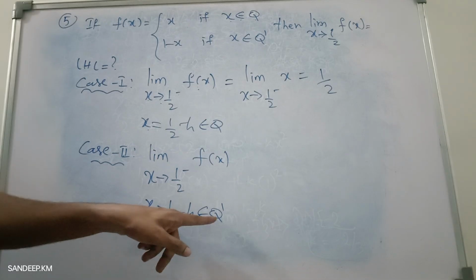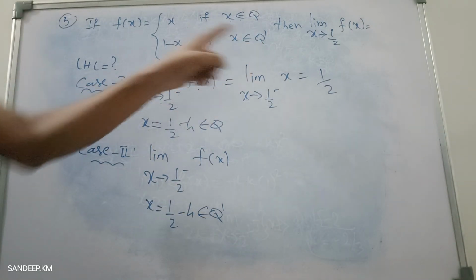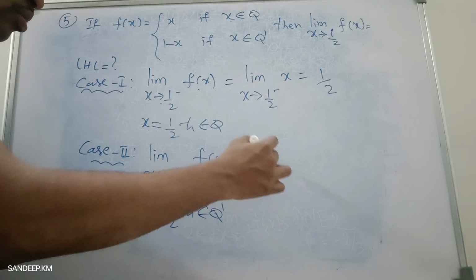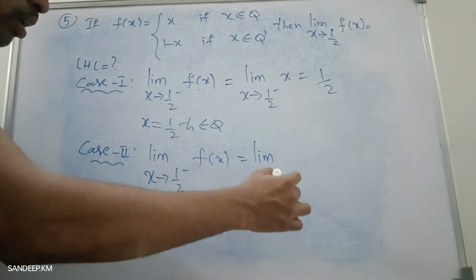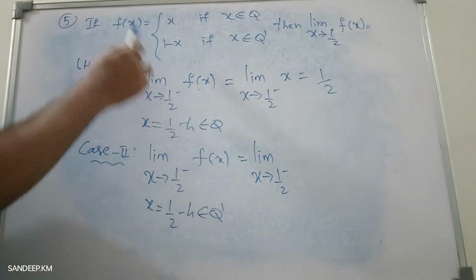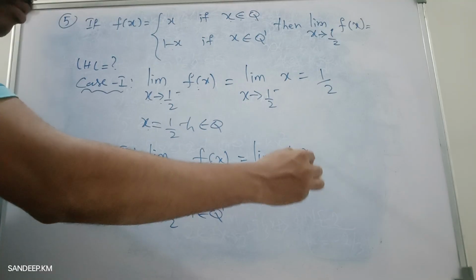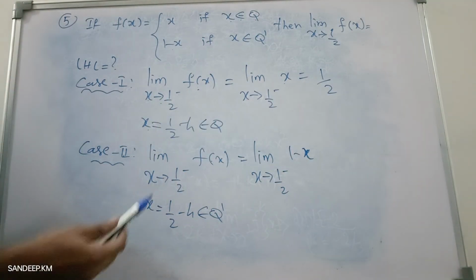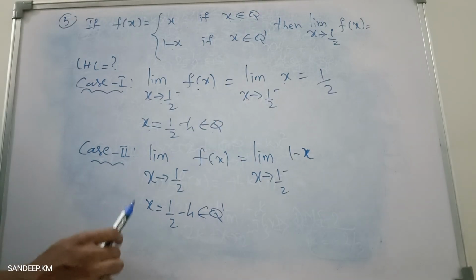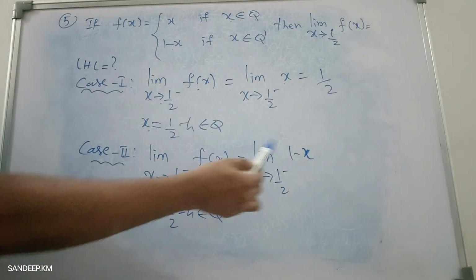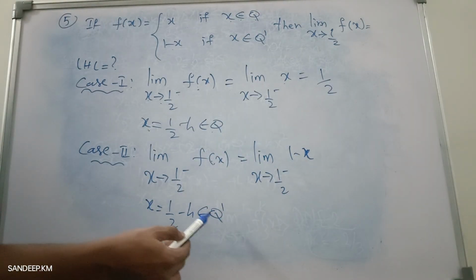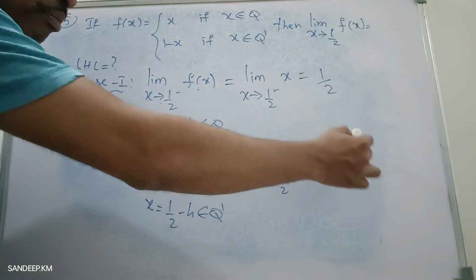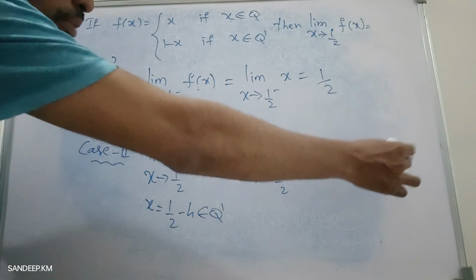If x is an irrational number, we will write f of x as 1 minus x. Correct? So limit x approaches 1 by 2 minus, instead of f of x, we are going to write 1 minus x. In the previous case, we took f of x as x because x is a rational number. In this case, we will take f of x as 1 minus x because x is an irrational number. So we will substitute the x value as 1 by 2. So 1 minus 1 by 2, which is equal to 1 by 2.